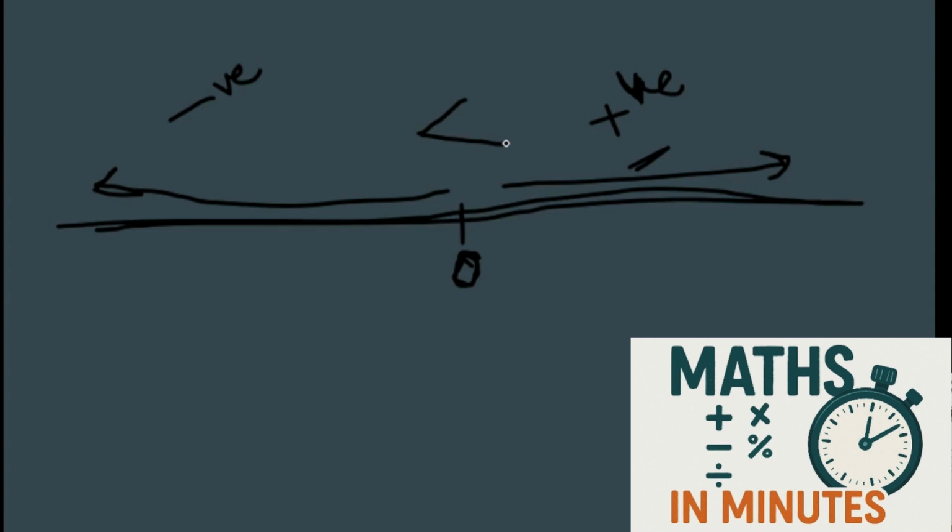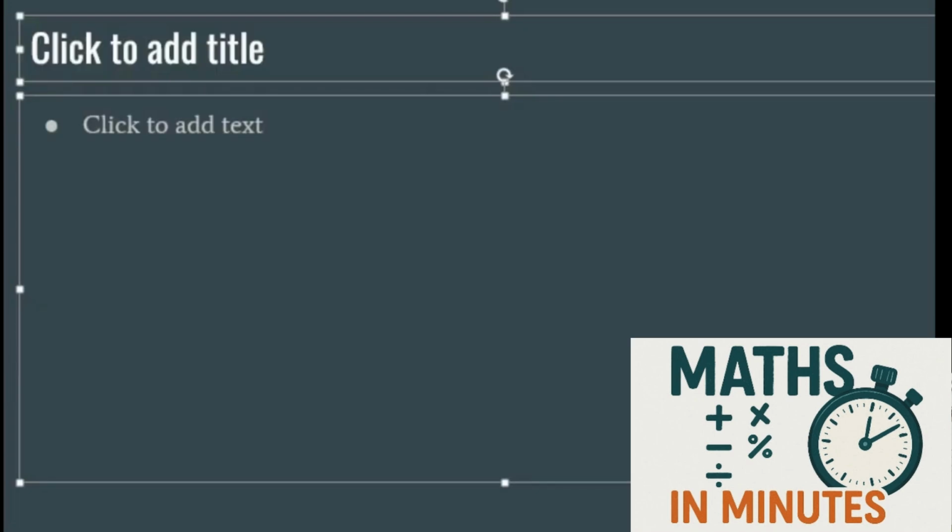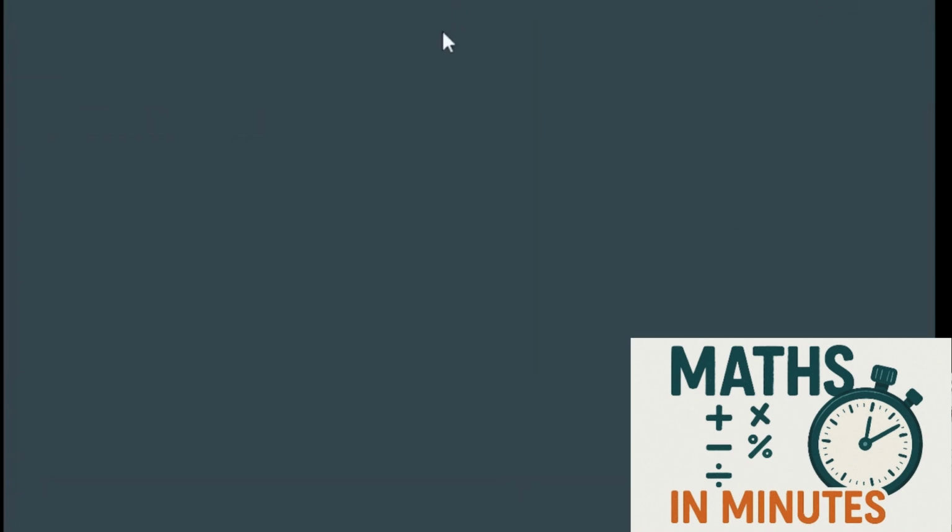Now we will see how to mark them on the number line. Let's say we have a rational number. Let's take minus 2 upon 3. So this we will do in 3 simple steps. Step number 1 is to identify which two integers the rational number lies between.